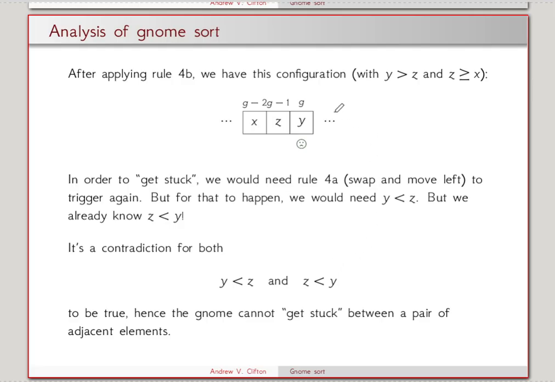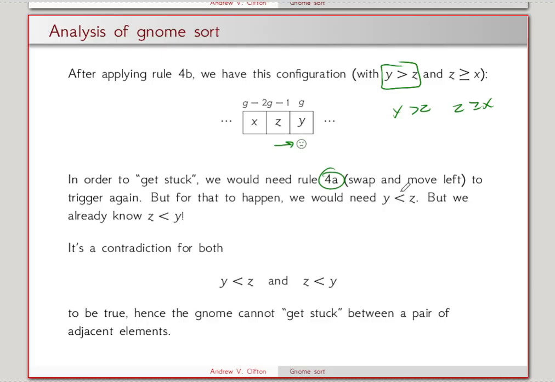So what do we know? We know that y is greater than z, because that's what made me do the swap, and we know that z is greater than or equal to x, because that's what enabled me to start moving to the right. So in order to get stuck between y and z, I would need rule 4a to trigger again here.